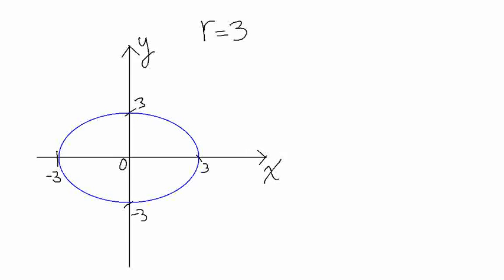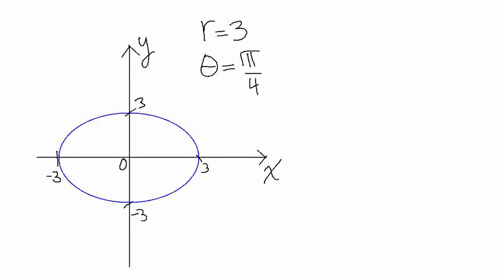Okay, now let's do another example. Suppose I wanted to plot the polar equation theta is equal to pi over 4. What that means is that for every distance from the origin, we're going to move in the same direction.